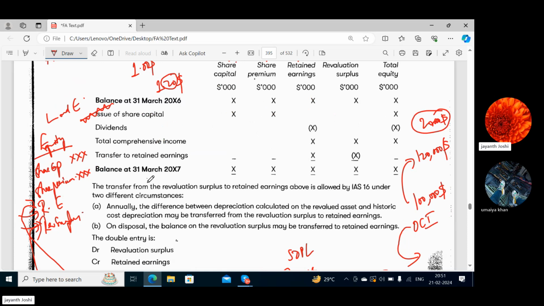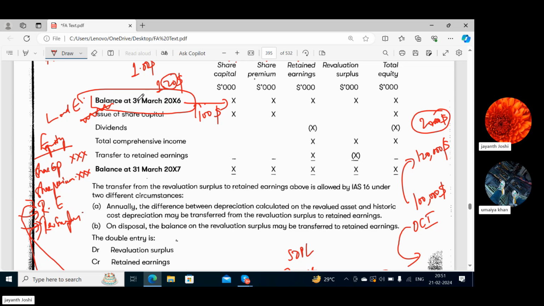The statement of changes in equity is nothing but, when you start your company or when you start your year, let's say this is the beginning of the year. In the beginning of the year, let's say you had $100 in your share capital account. Balance at 31st March, let's say this is $100. And this year, see, please listen.